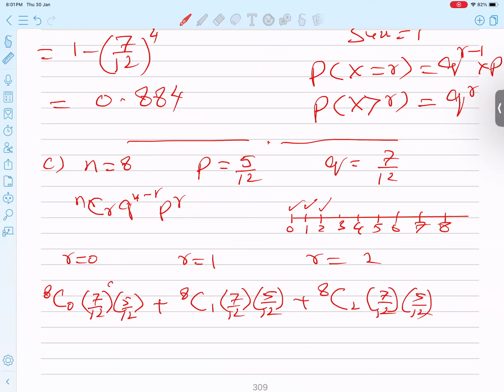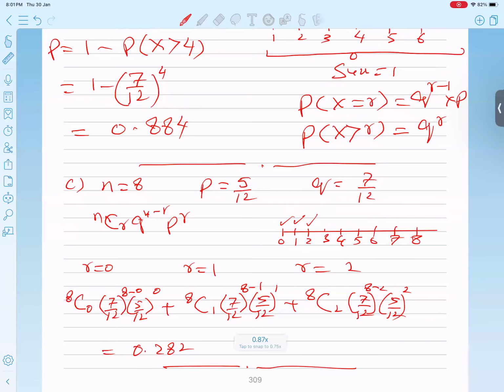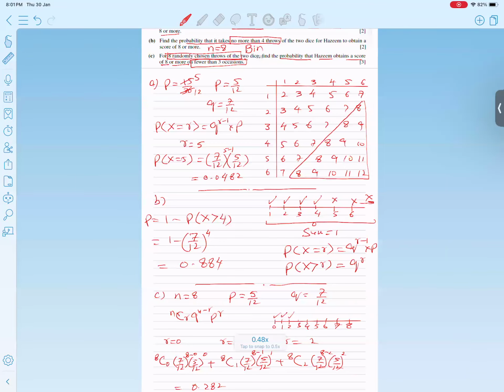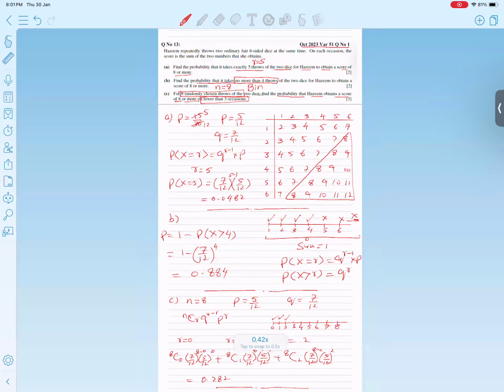And 8 minus 0 is 8, 8 minus 1 is 7, 8 minus 2 is 6, with powers 0, 1 and 2 on 5 by 12. If I apply this formula, finally I get 0.282 as my final answer. I believe your point is very clear and the question is completely over.